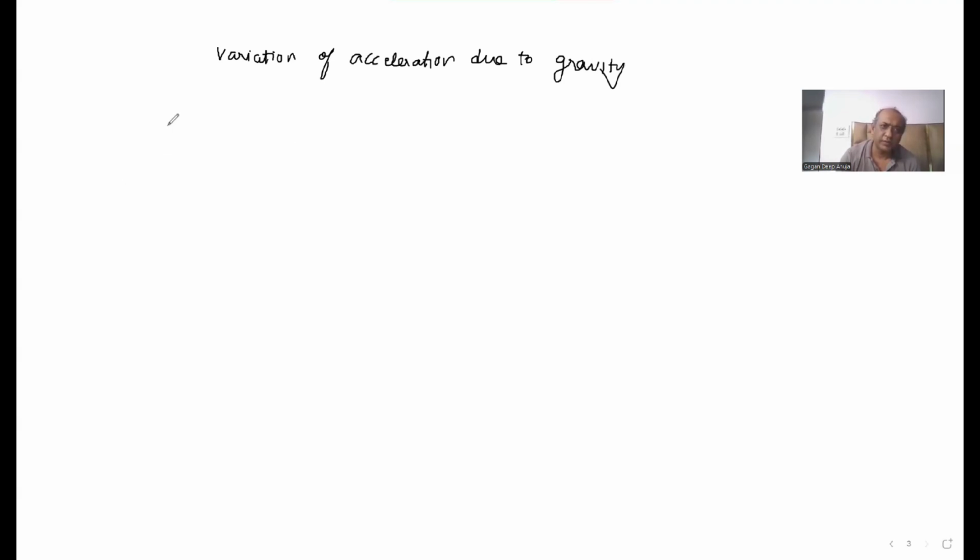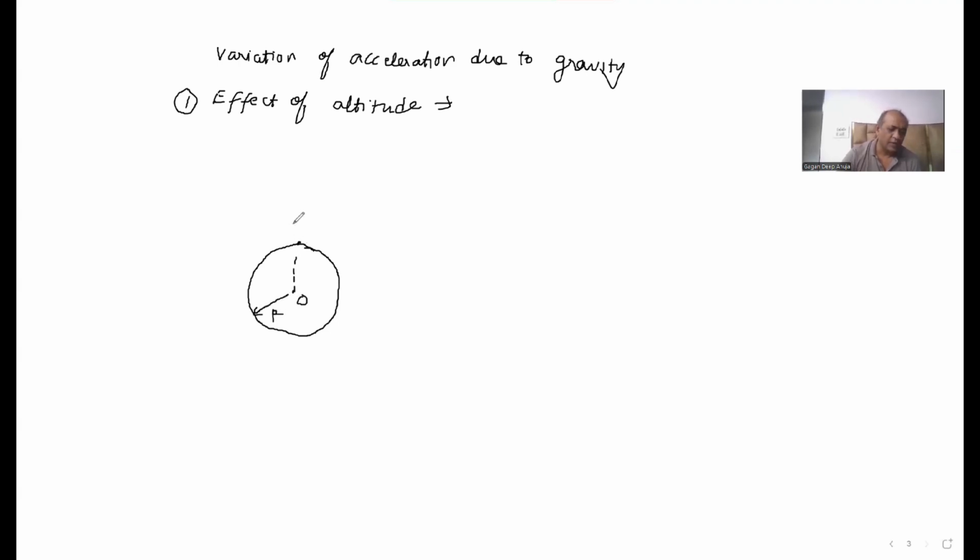So number one, we are going to look at the effect of altitude or height. Okay. So let us consider that, suppose this is the Earth and O is the center of Earth, R is the radius of Earth.